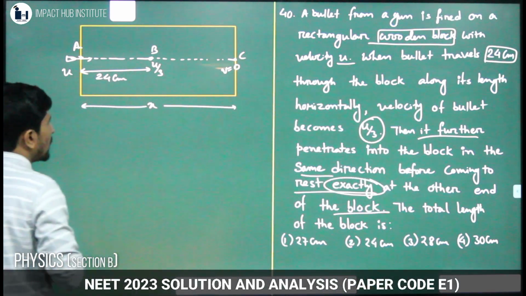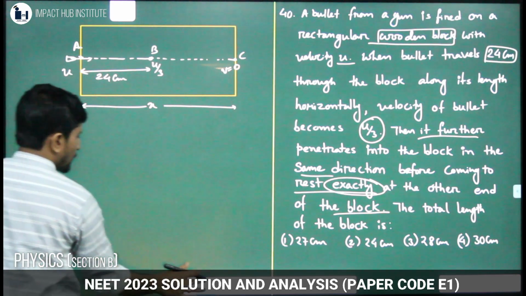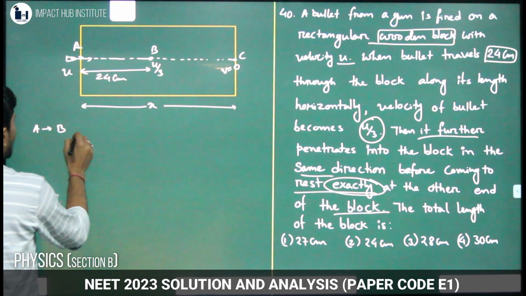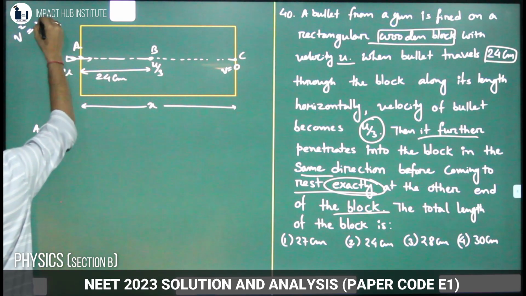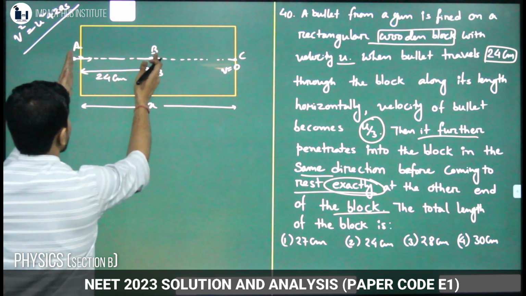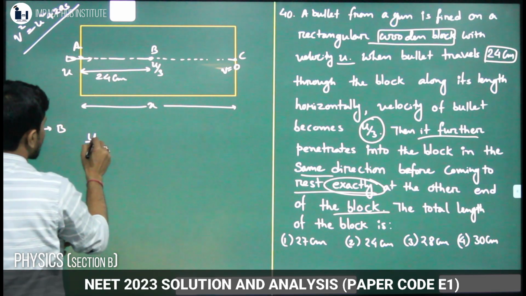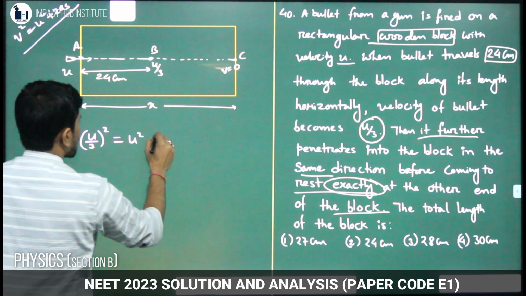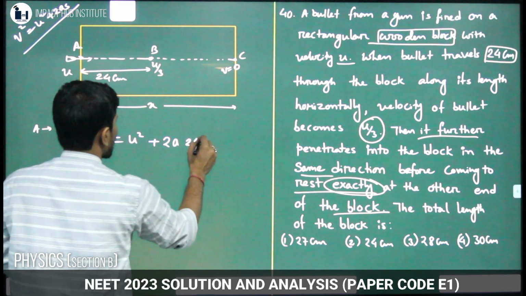Now we will apply the equation of motion. First, let's apply the equation of motion from A to B. We will use the equation: final velocity square equals initial velocity square plus 2as. Between A and B, final velocity square equals initial velocity square plus 2 times acceleration multiplied by the distance travelled, 24 centimeter.